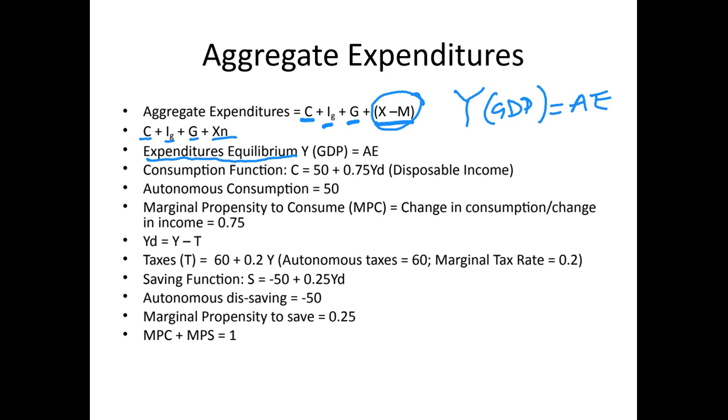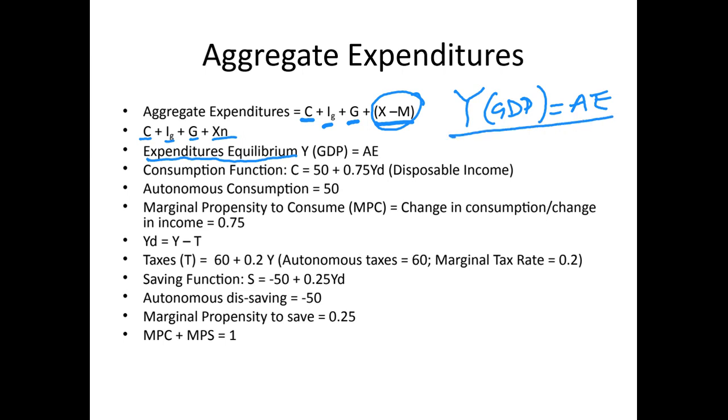So his or her expenditure would also be $100. That is the value of my product. It means there's no discrepancy, right? Whatever is being produced is being sold out. That is the best situation, and this is what we call equilibrium GDP or expenditures equilibrium.